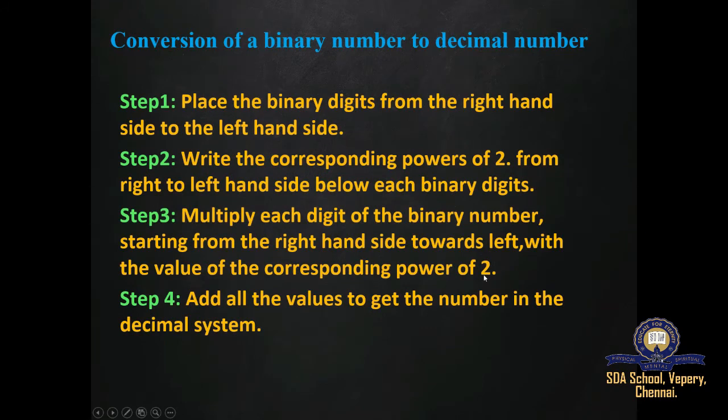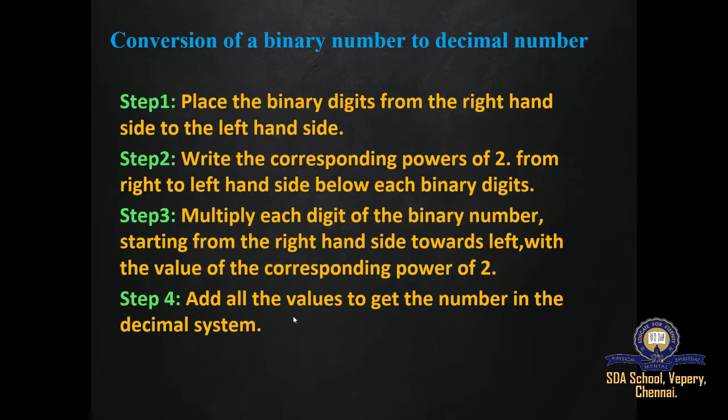We have to find the value of the power of 2. The last step is to add all the values to get the number in the decimal system. Note down the 4 important steps in your classwork, then only you can understand. Follow these 4 steps to convert the binary number to decimal number.